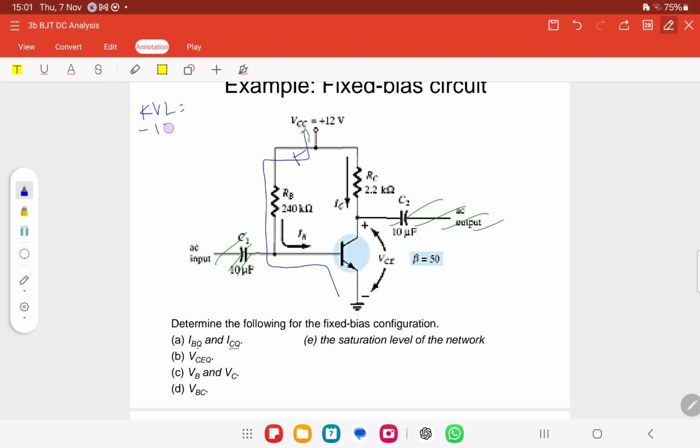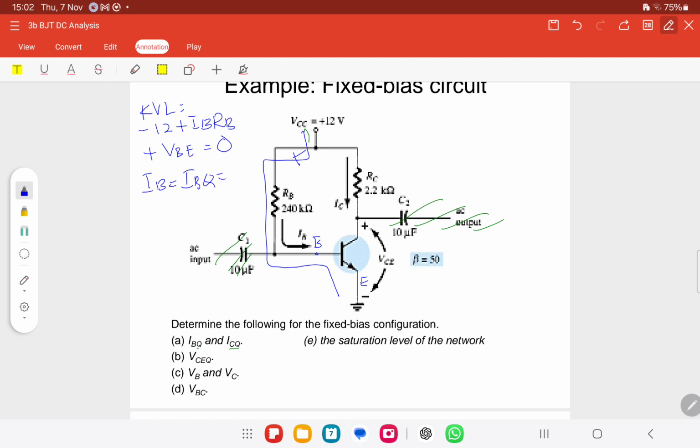Minus 12 plus IB RB plus VBE. If you are confused, write base. Here is the ammeter. VBE equals 0.7. IB equals IBQ equals how much?